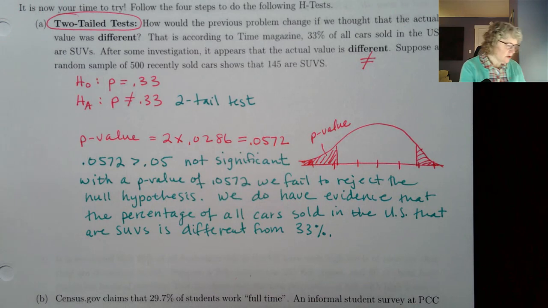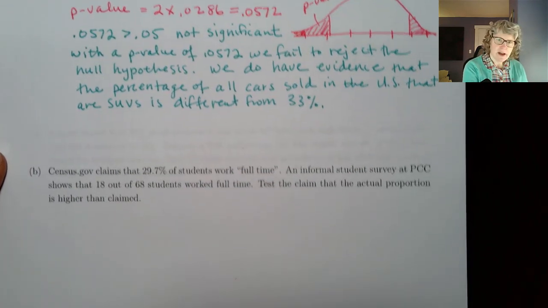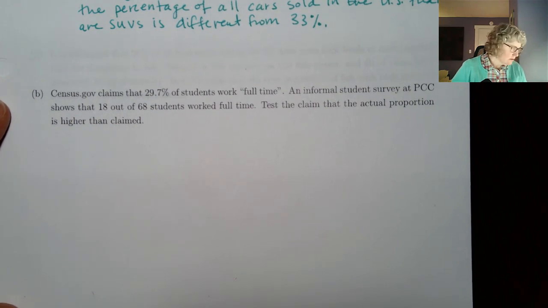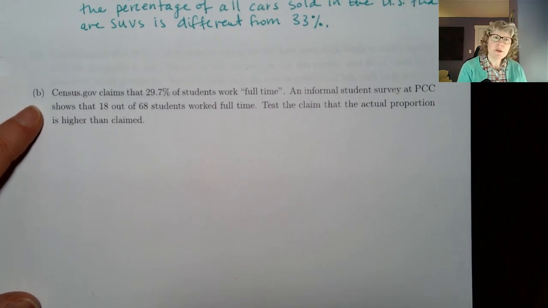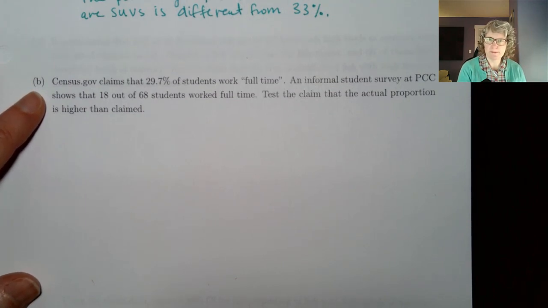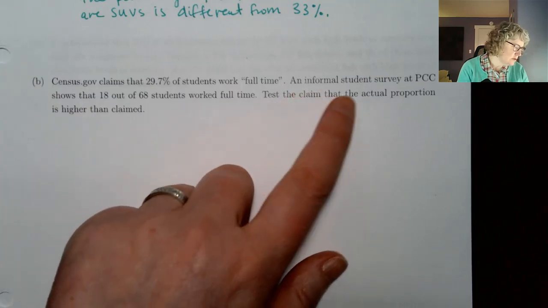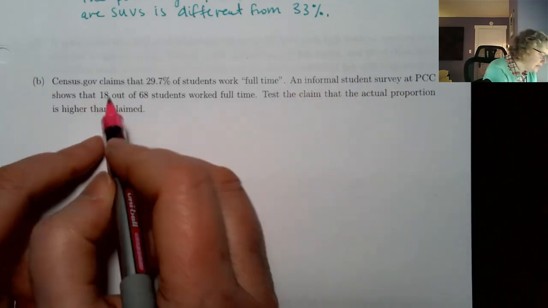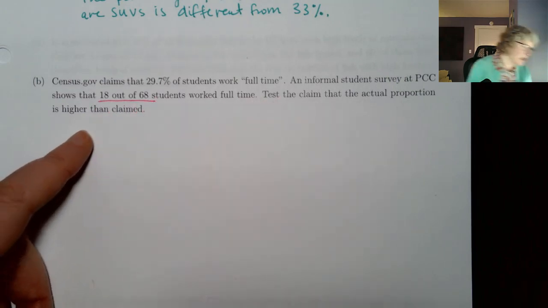Let's do one more test. And we've only got half a page here, so we'll have to kind of squeeze it into this space here. Let's go ahead and read it. Census.gov claims that 29.7% of students work full-time. An informal student survey at PCC shows that 18 out of 68 students worked full-time.